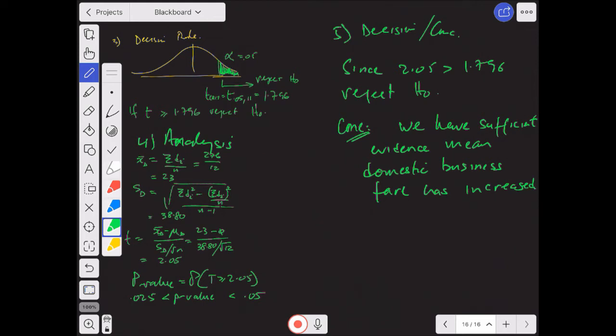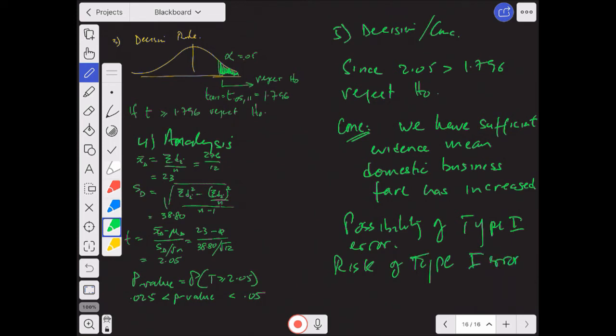So since we reject the null hypothesis, we have a possibility of type 1 error. And the risk of type 1 error is the p-value, which we know is between 2.5% and 5%. All right? And that brings us to the end of part 3, which looks at matched pairs.